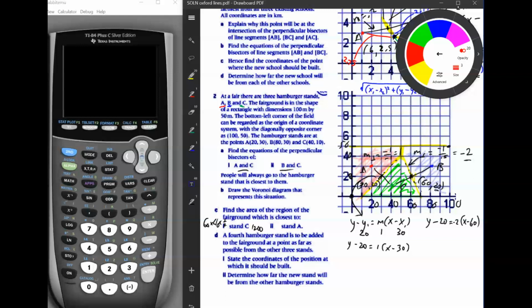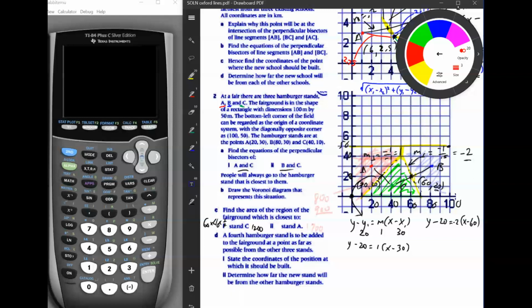So the area of this triangle here is 800. Then I just need to add 9 squares. Each one of these squares is 10 by 10, which is worth 100, so that's 900. So I can add 800 to 900. So the area for stand A is actually 1,700.